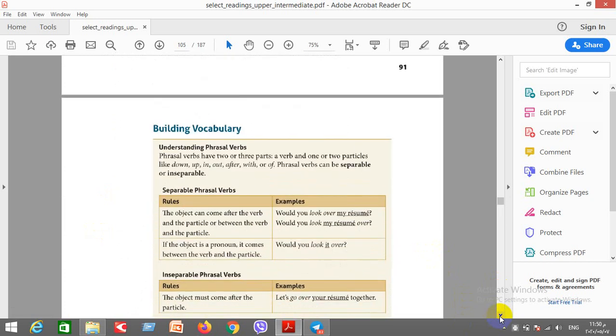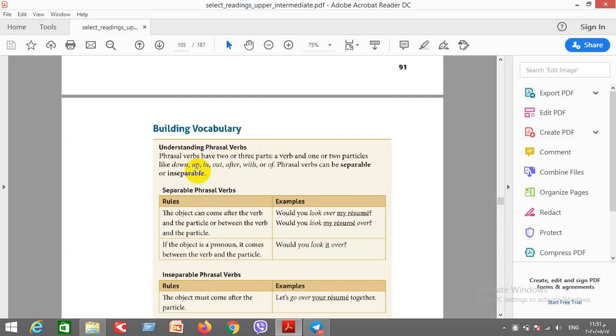We will start our explanation. We have two types of phrasal verbs: understanding phrasal verbs, and separable and inseparable phrasal verbs. Phrasal verbs have two or three parts, right? A verb and one or two particles like down, up, in, out, after, with, or of.